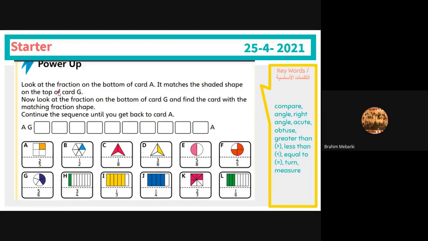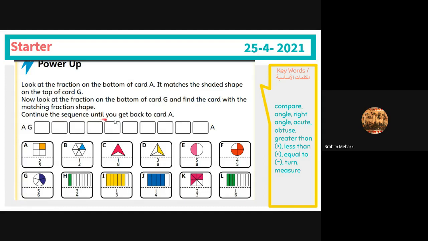Now, before we start, as usual, let's do this quick starter. You're going to look at the fraction on the bottom of card A. It matches the shaded shape on the top of card G. Now, look at the fraction on the bottom of card G and find the card with the matching fraction shape.